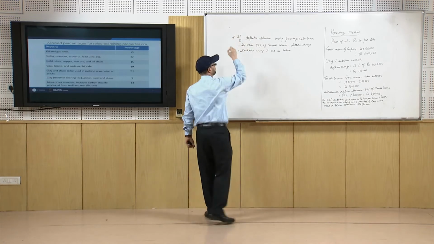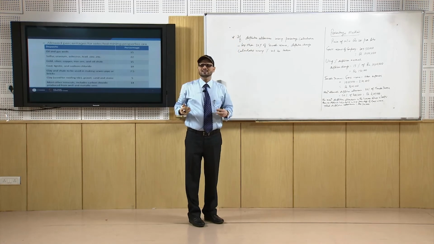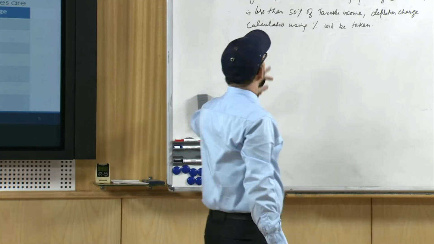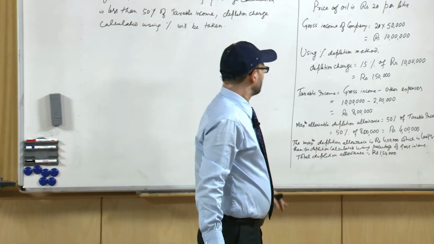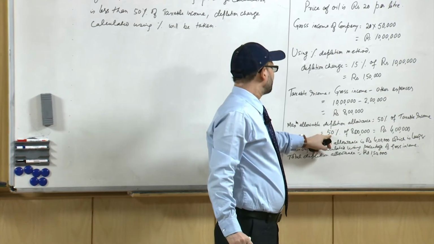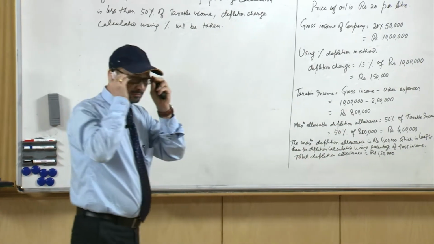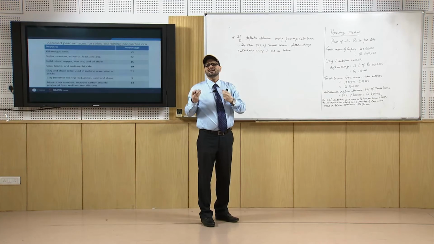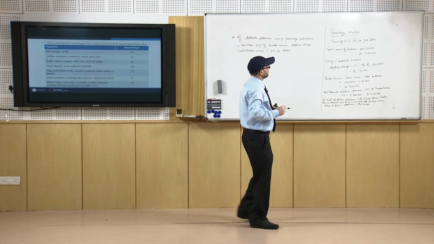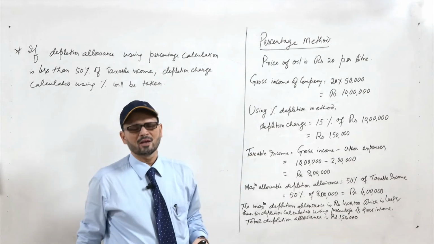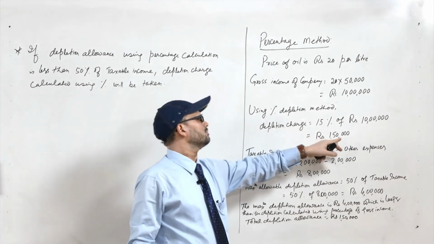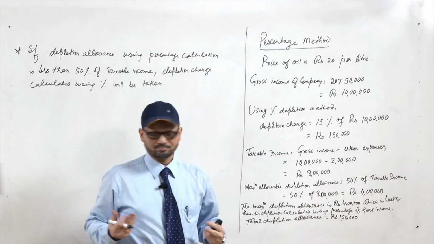Now, if on the other hand it may so happen that sometimes the amount which you get as 50% of the taxable income may be lesser. Because sometimes you produce a large amount of material and this comes out to be quite large.